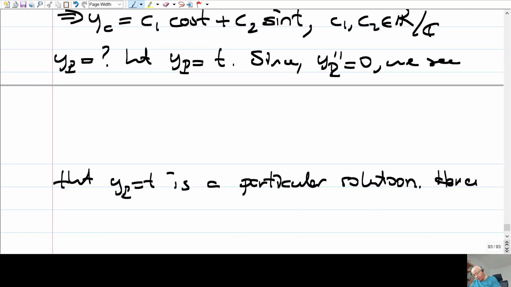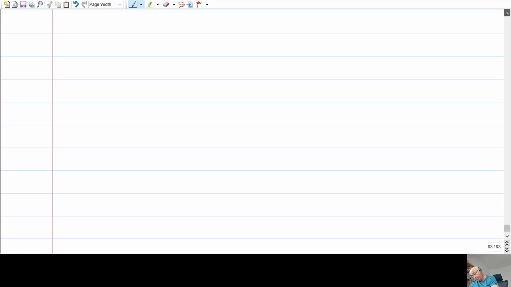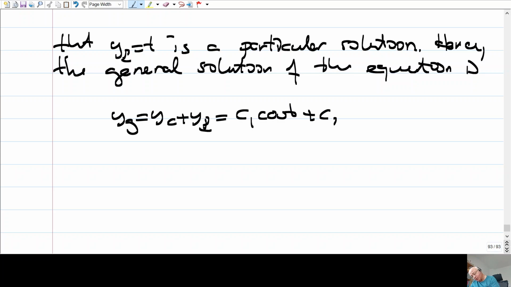Hence, the general solution of the equation is what? yg, which is yc plus yp, which is just c1 times cosine t plus c2 times sine t plus t.